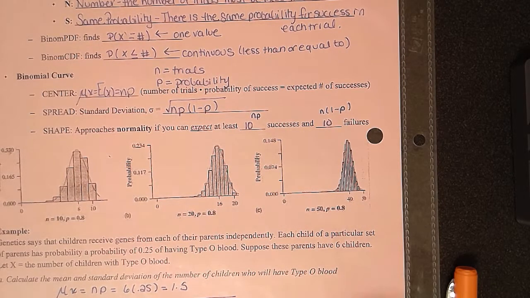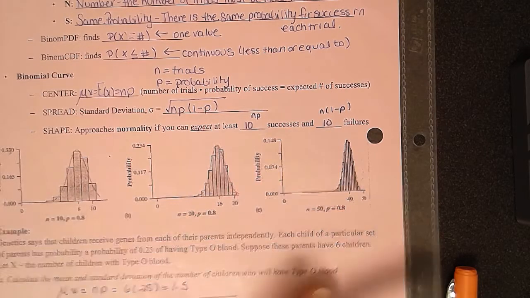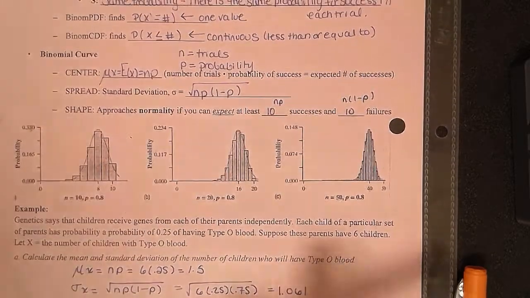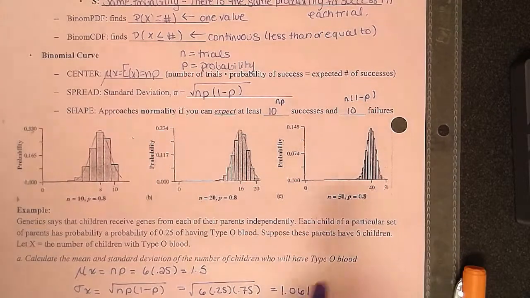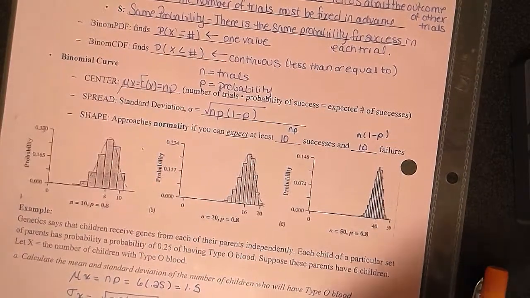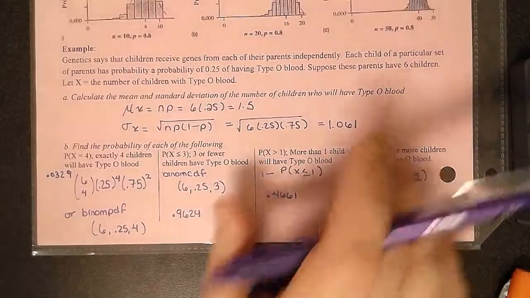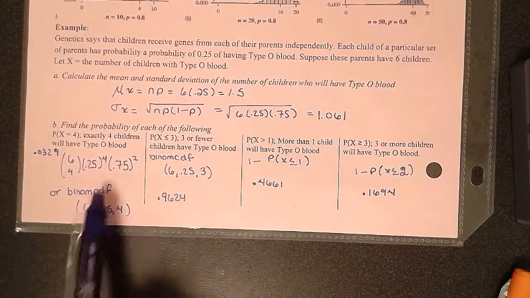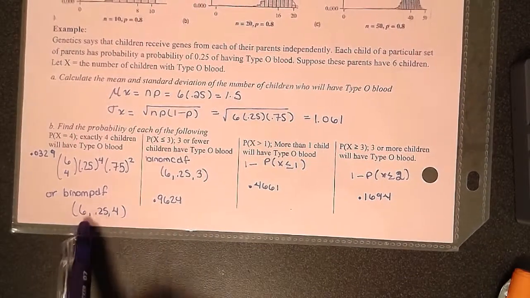So, given all this information, you're given these problems right here where you're trying to find the probability of each event. And I'm showing you how to calculate them. Some of them are geometric, or you can do binomial CDF.